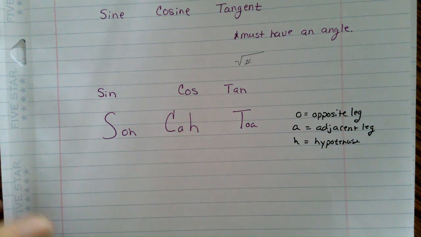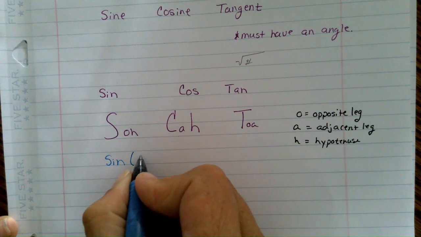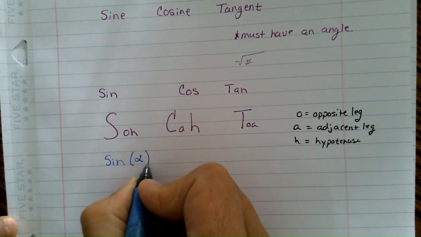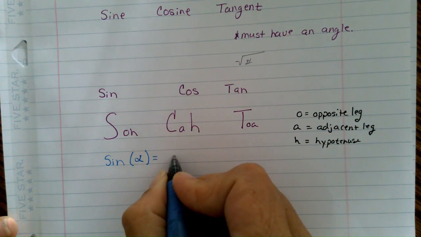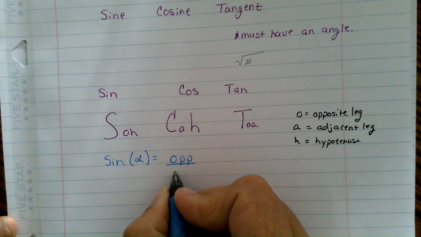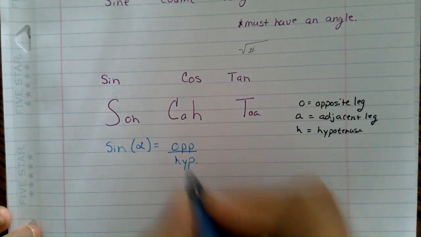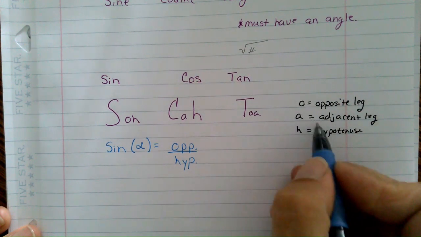Here's why. Sine of an angle, and I'm going to use the Greek letter alpha, will equal the relationship between the opposite leg and the hypotenuse. So I just abbreviated. Remember, O was opposite leg, H was hypotenuse.